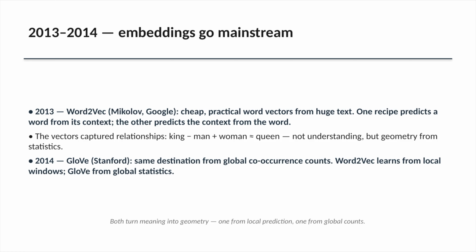The famous example: king minus man plus woman lands near queen, not because the model understands monarchy, but because the statistics of language produce that geometry. A year later, in 2014, Stanford's GloVe reached the same place from the other direction: global co-occurrence counts instead of local prediction windows. Two routes, one destination: meaning as geometry.